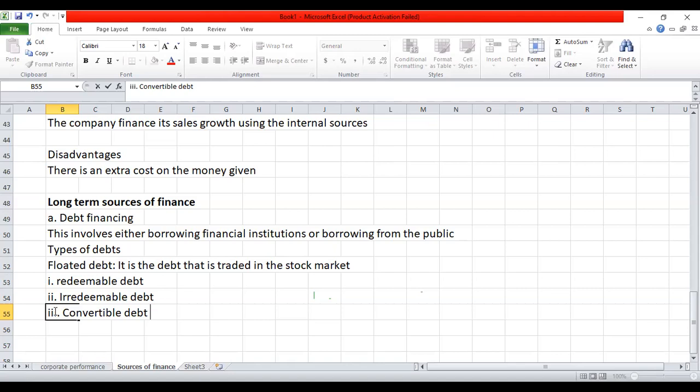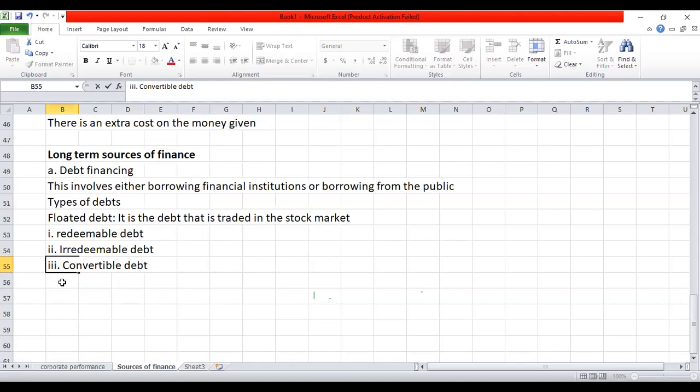So another category, probably what we did not talk about, is what we call a zero coupon debt. Zero coupon debts are those debts which are issued without a coupon rate.